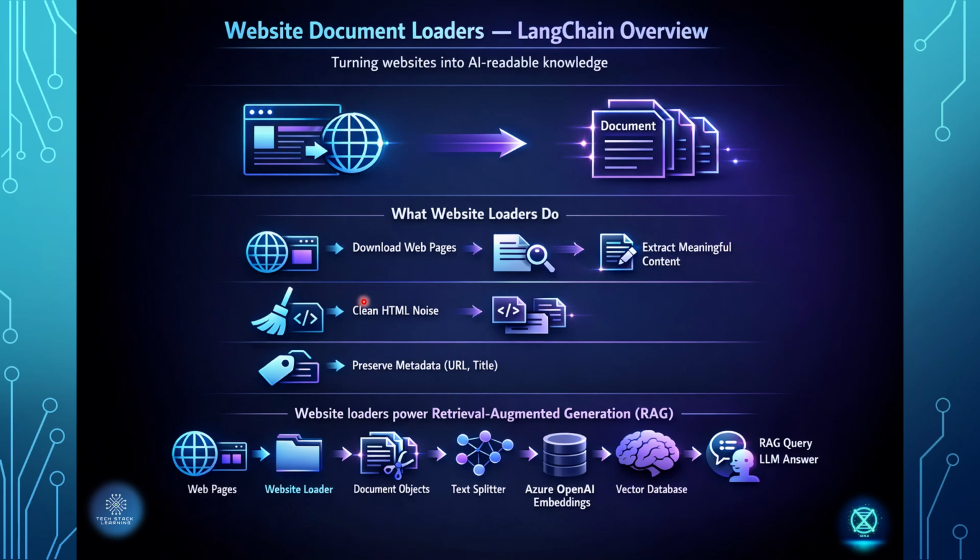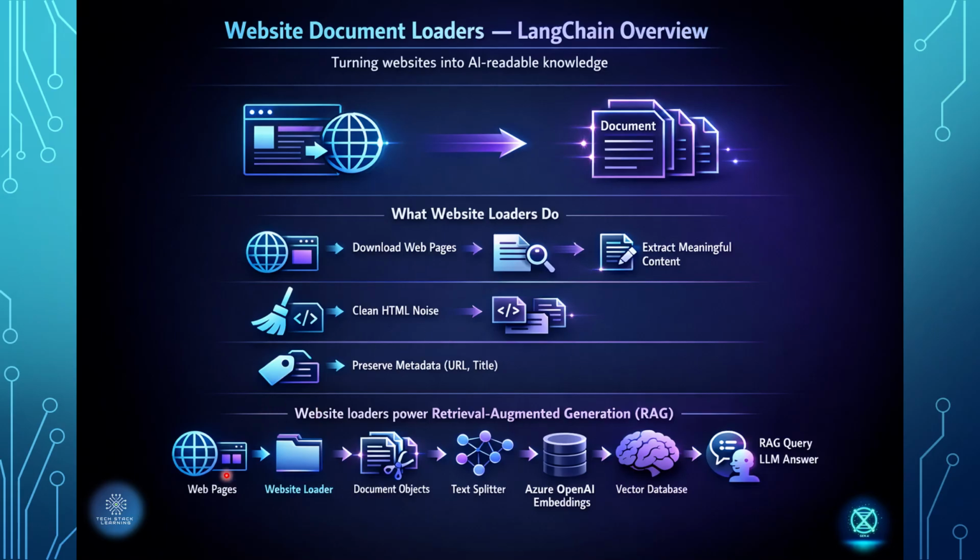These loaders handle the entire process for you, starting from downloading the web pages, then extracting the meaningful text, removing HTML noise like scripts and ads, and preserving important metadata such as URLs, titles, etc.